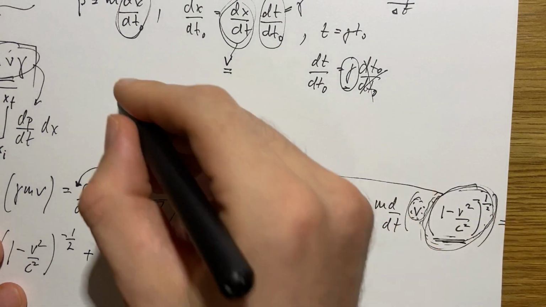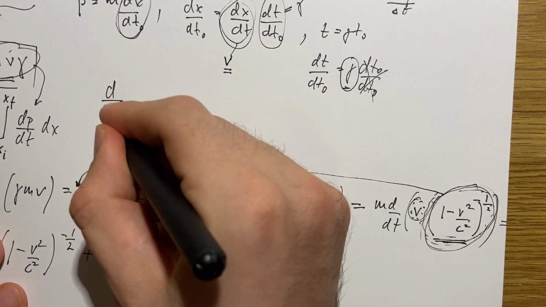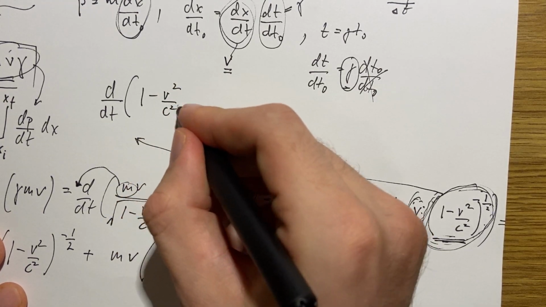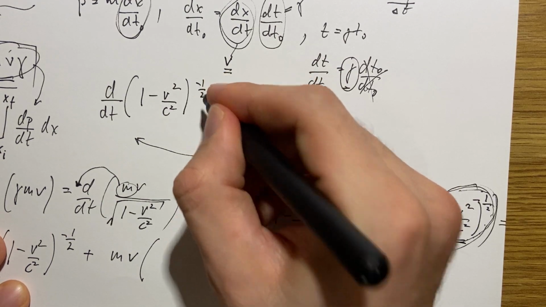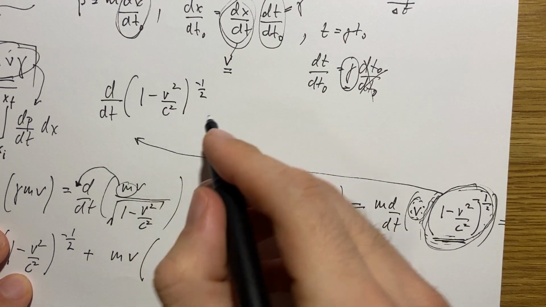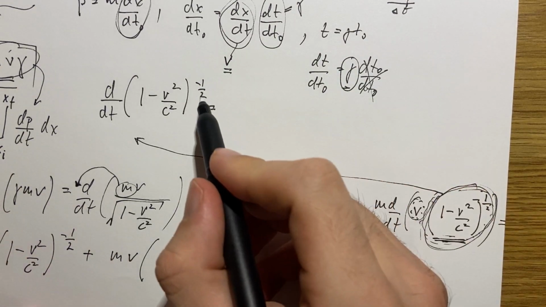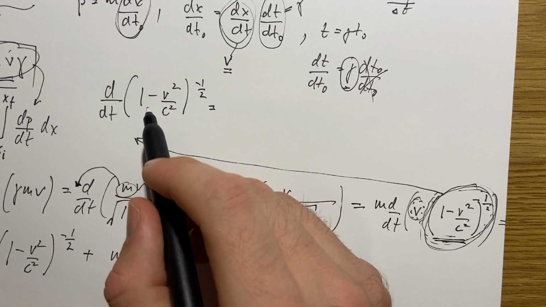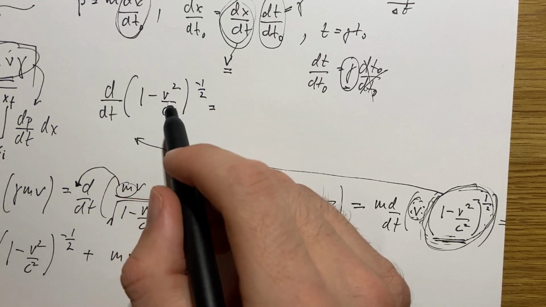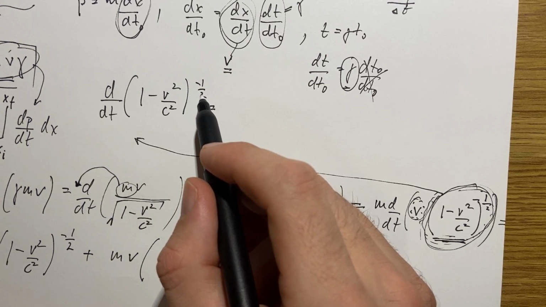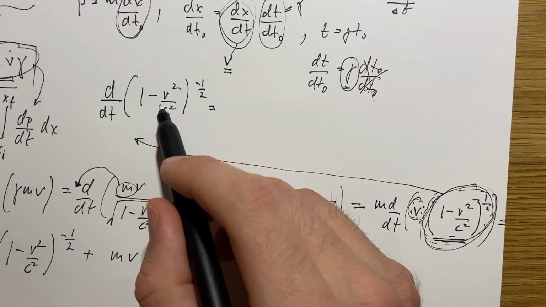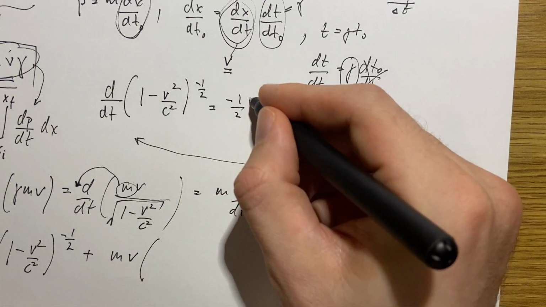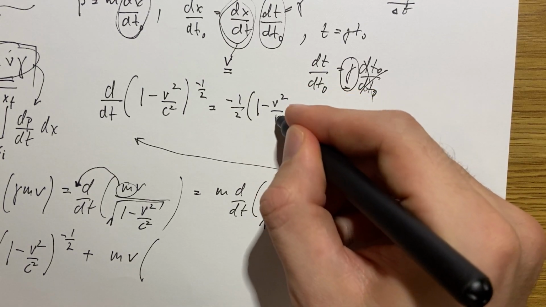So d by dt of this expression, (1 minus v squared over c squared) to the power of minus a half, well, then we need to use the chain rule. The chain rule tells us that if we have one function within another function, then the derivative will be the derivative of the outer function multiplied by the derivative of the inner function, right? So we need to take the power and move it down. That's the outer function.